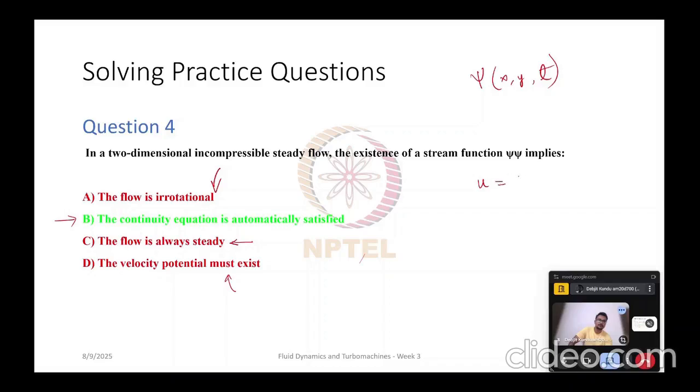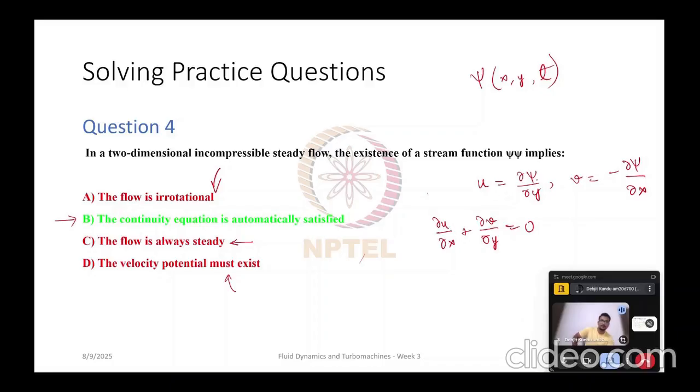u can be represented as ∂ψ/∂y, and v can be written as −∂ψ/∂x. So if we go back to the continuity equation, ∂u/∂x + ∂v/∂y = 0, this is the continuity equation for a steady incompressible flow.